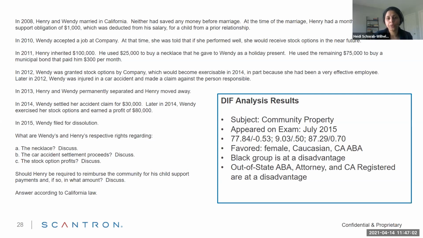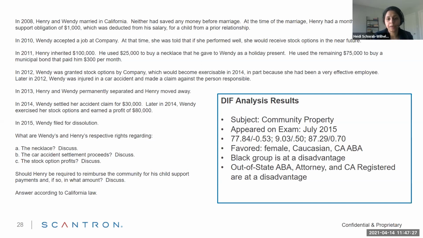And we looked at the gender variable, we looked at ethnicity, and we also looked at school type. So this particular item seemed to favor females over males, and the Caucasian community over all the other ethnicities that we looked at, and also CA-ABA under the school type category.